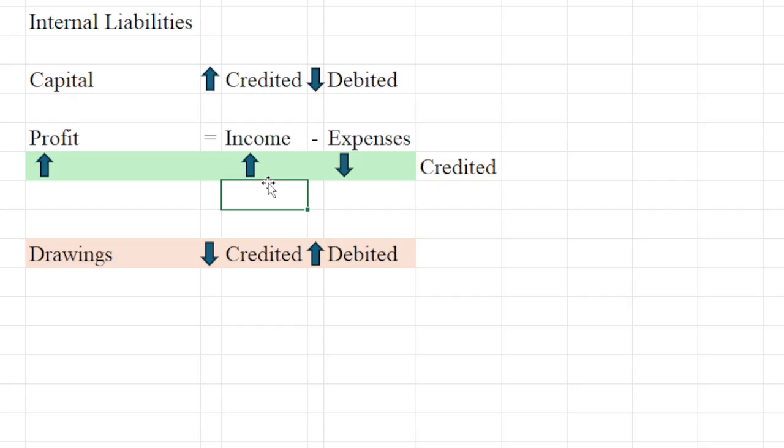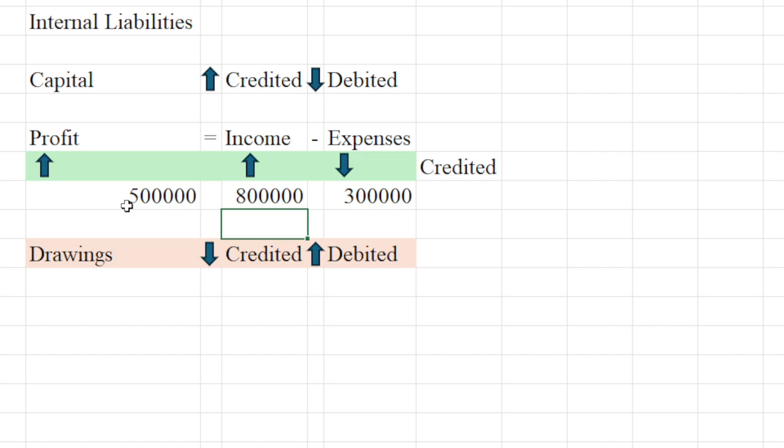Let's say, for example, 5 lakh profit arises from 8 lakh income minus 3 lakh expenses. Now, we will take the same example.